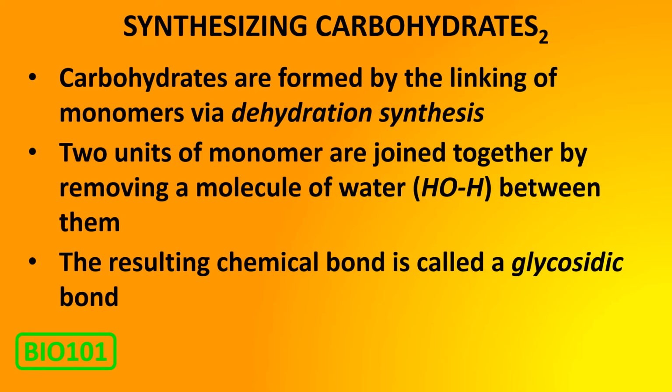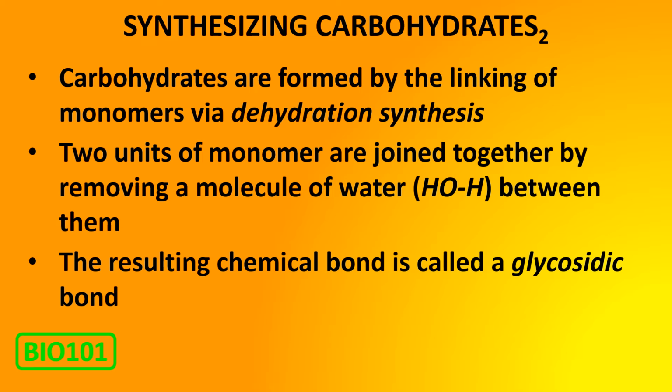Carbohydrates are formed by linking monomers or glucose units. And how do we do that? Dehydration synthesis, right? We already talked about that. We're going to synthesize something by removing water. So we have a glucose molecule on one side with an OH, a glucose molecule on the other side with an H. We pull the OH off, there goes your water, and now those two glucose monomers can link together.